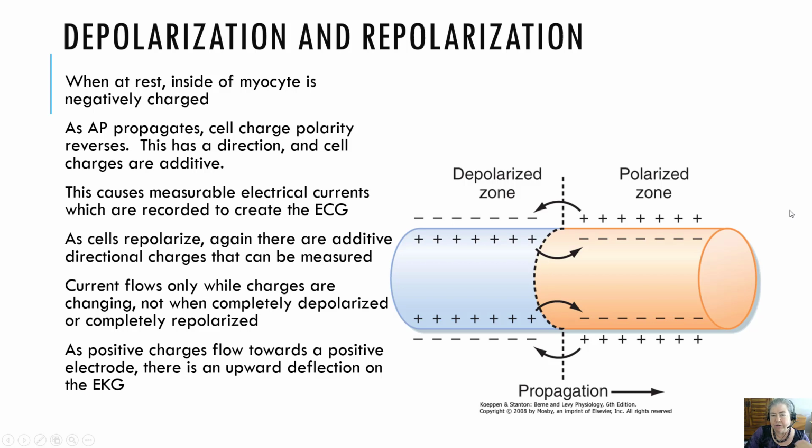When the myocytes are at rest and neither depolarizing nor repolarizing, no current is flowing, and you get the baseline. And finally, if you have positive charges that are flowing towards a positive electrode that is taped to or strapped to the skin, you see an upward deflection on the EKG.